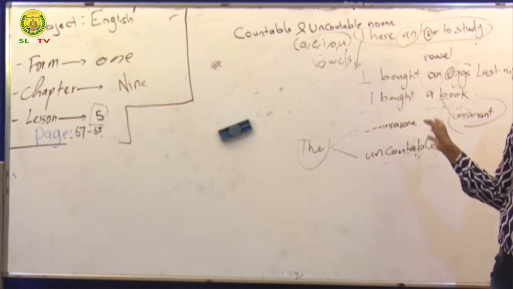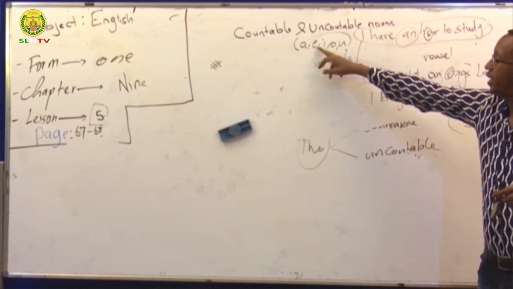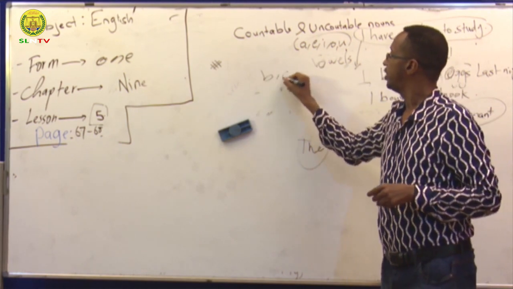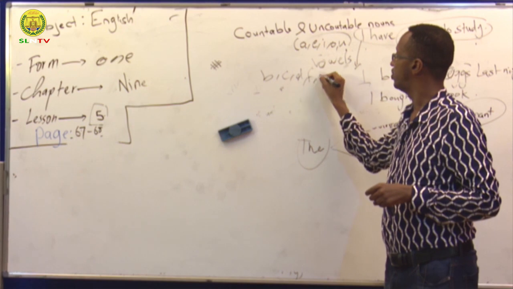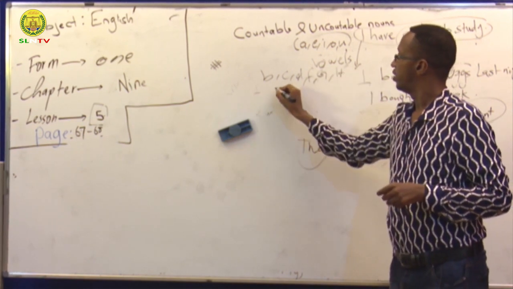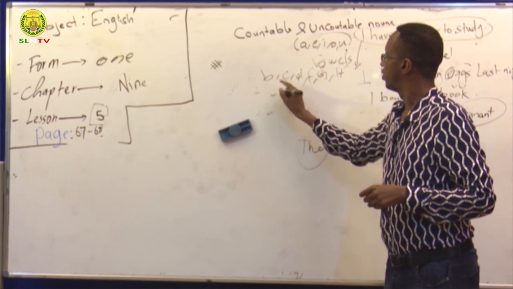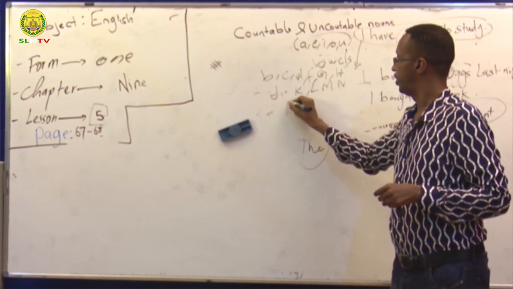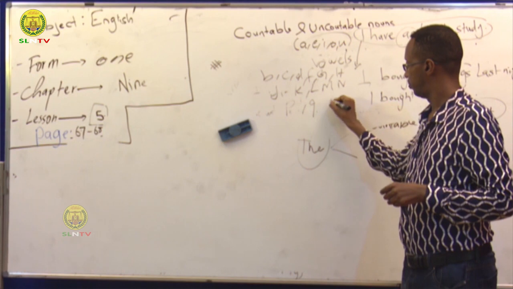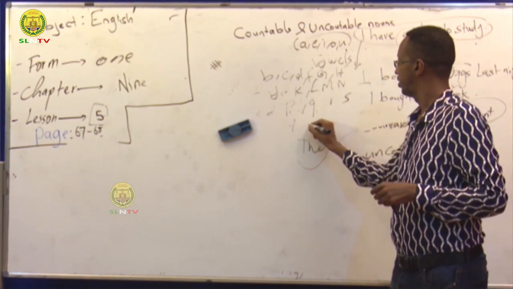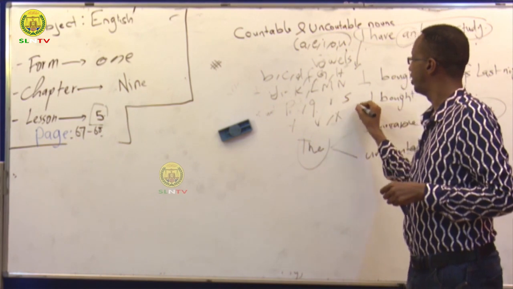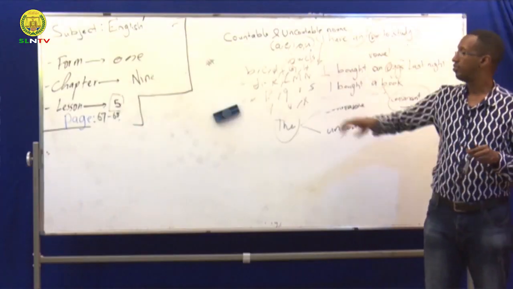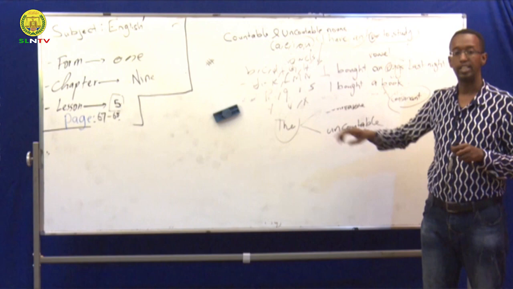Consonants are the letters that are not vowels, the rest of the letters, for example B, C, D, F, G, H, J, K, L, M, N, P, Q, R, S, T, V, X, Y. Sometimes Y is a vowel, so this is an exception.